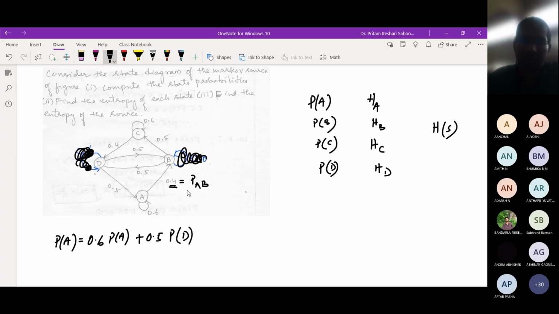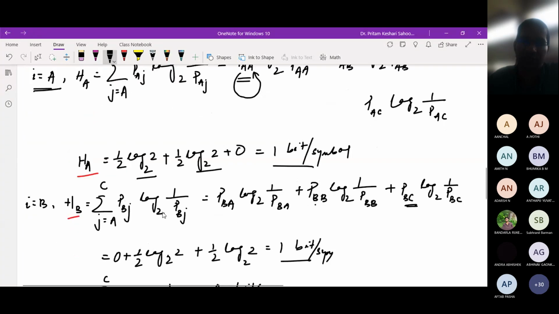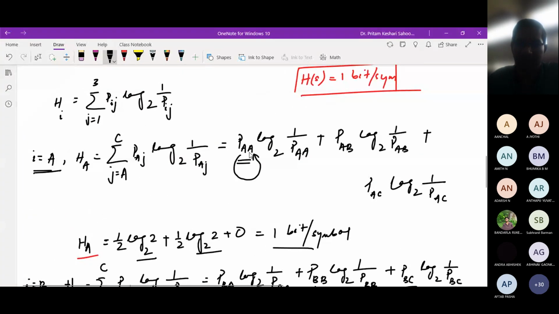This is called probability of dependency. Similarly, 0.6 is called the probability of A. What we have used here, let us see: probability of A, probability of B. So this represents at what probability a particular state depends on another state.